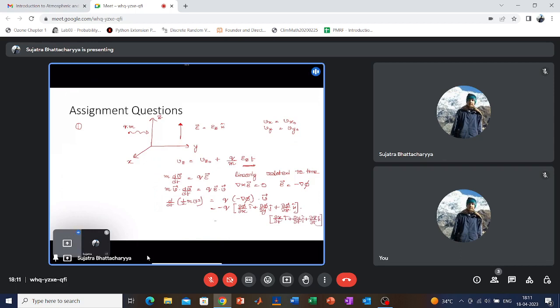Ultimately what we are getting is minus q d phi dt, because phi is now a function of time only. Therefore we are getting d dt of half mv square, the kinetic energy, plus q into phi, the potential energy, is 0. Therefore half mv square plus q phi is constant. This is the energy conservation.